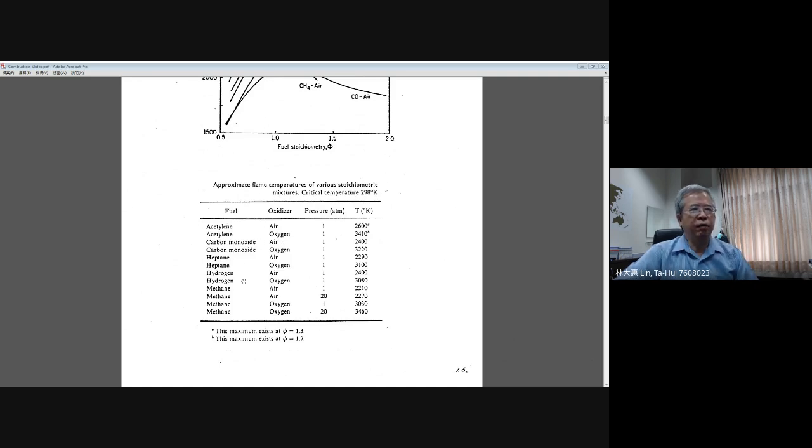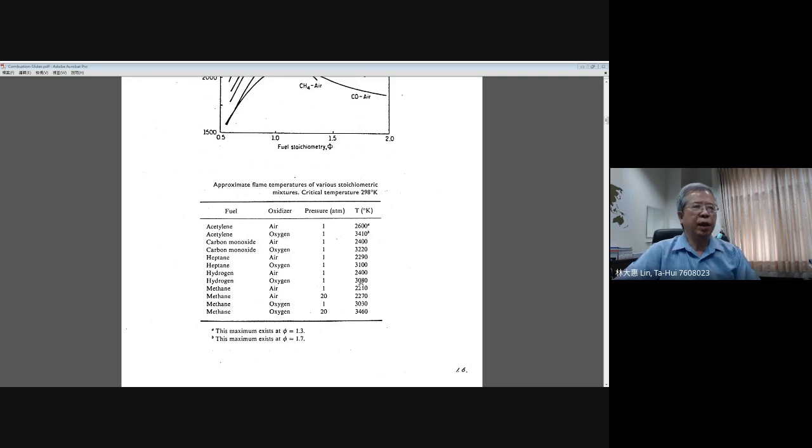For different kinds of fuel, heptane, hydrogen, the oxygen case is larger than the air case.